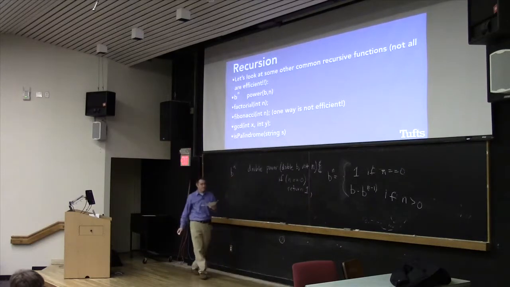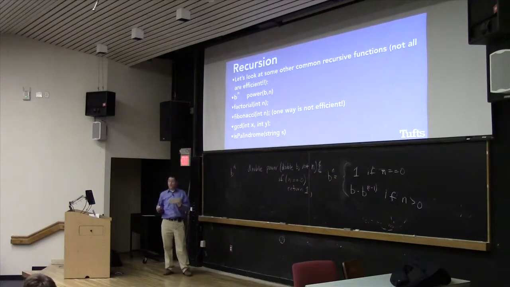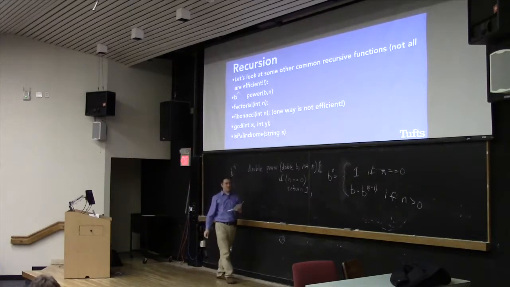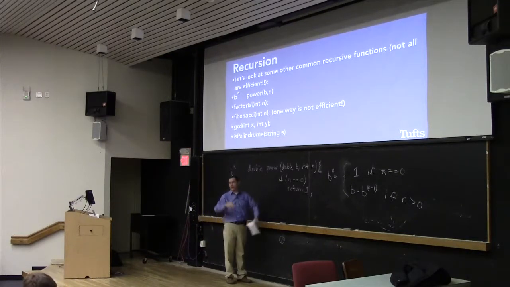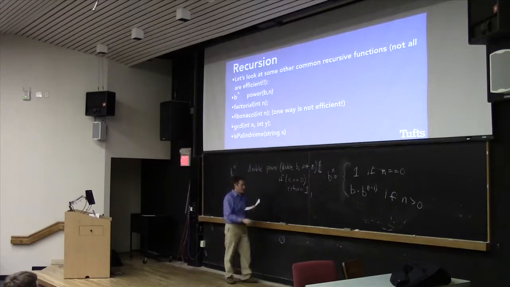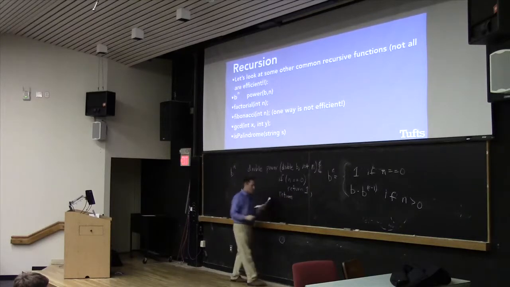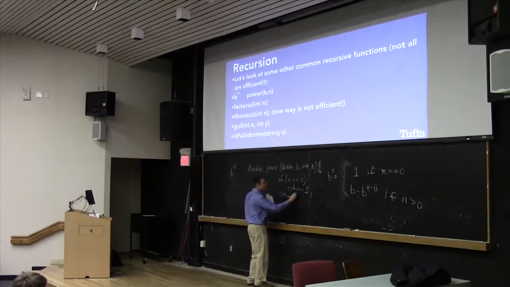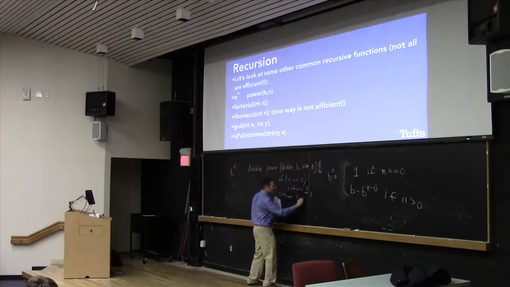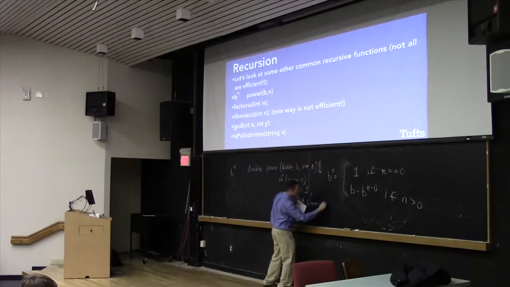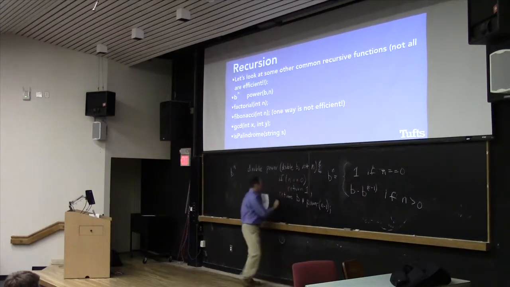Otherwise, we don't actually need an else because the first case returns. We can just write: return b times power of n minus 1.